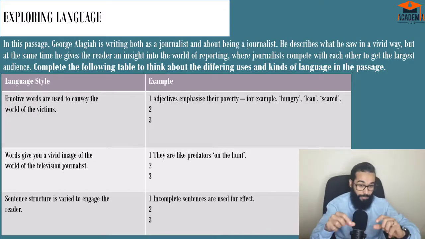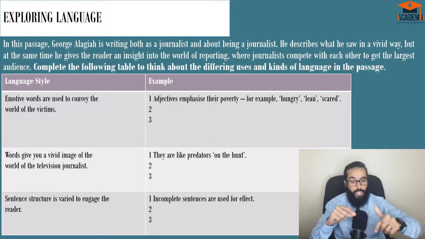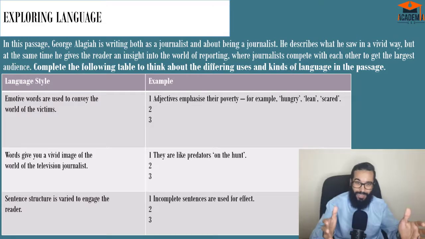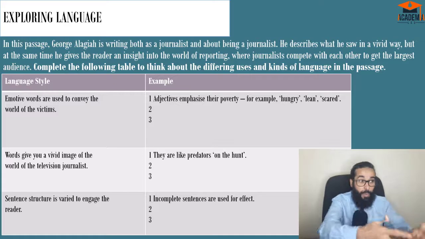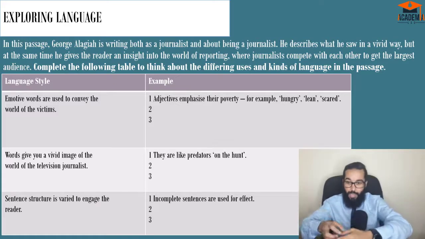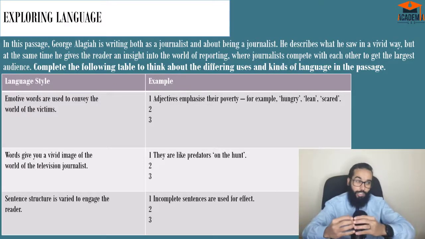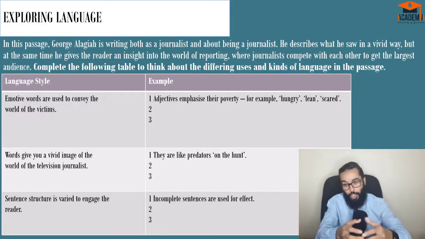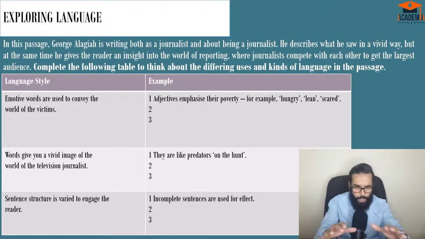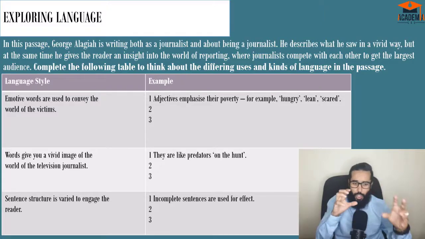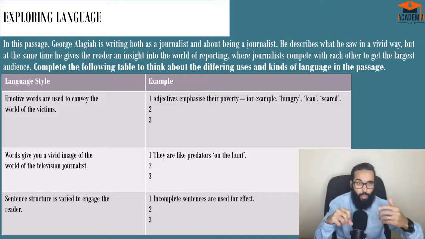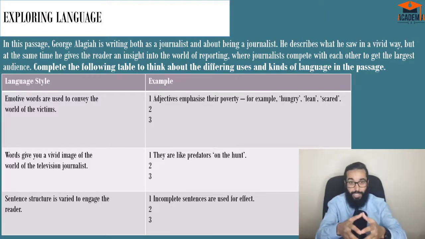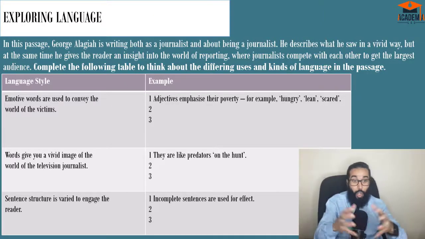But at the same time, he gives the reader an insight into the world of reporting, how journalists try to give their reports and put them out there for the audience. Journalists literally compete with each other to see who has taken the best report, who has seen the best story, who has met the best celebrity, to get the largest audience.